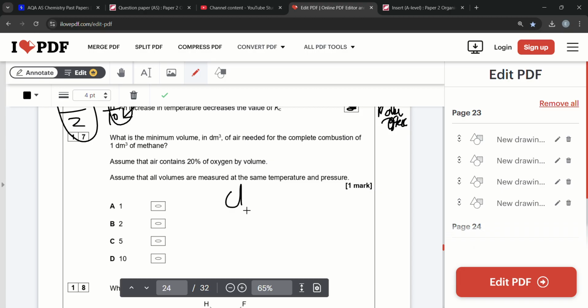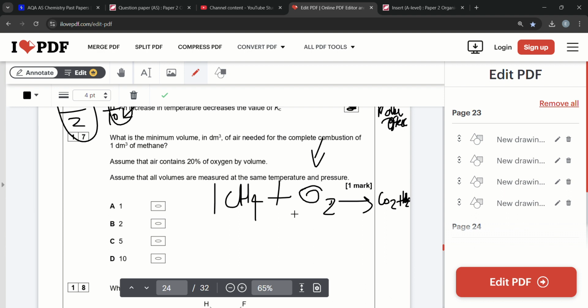For complete combustion, we're adding oxygen, forming carbon dioxide and water. We've got plenty of oxygen. Air contains 20% oxygen by volume.